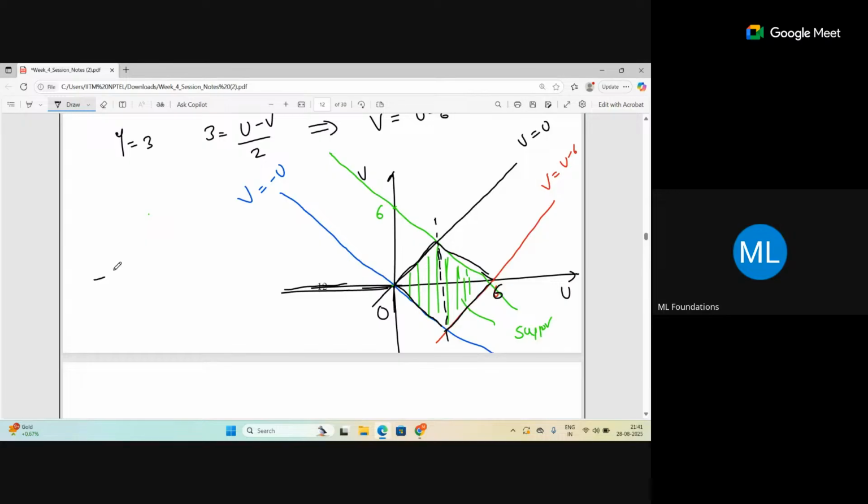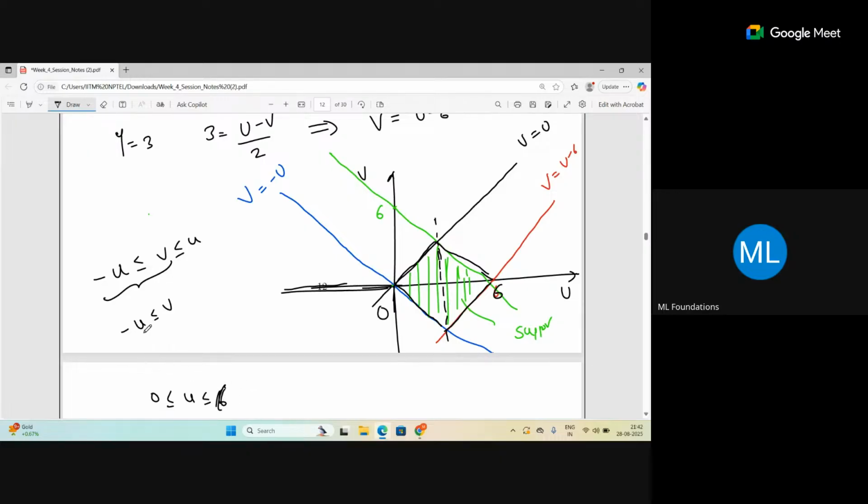So minus u is between, or we will take the values of minus u to v, right? And what is the range of u? u is actually taking values from 0 to 6, right? 0 to 6.